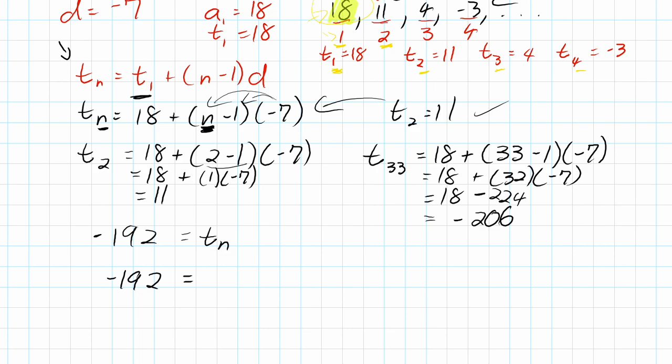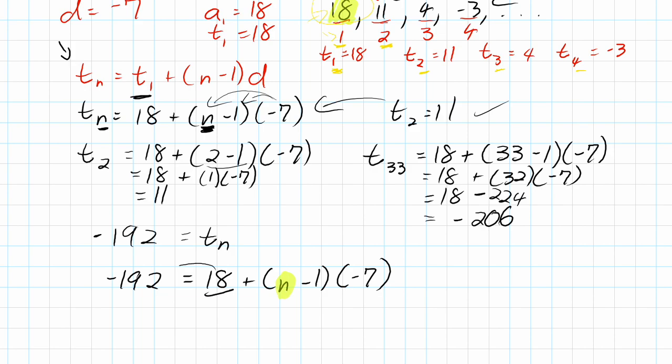Our first term, T1, is going to be 18 plus n. N is actually our unknown. We don't know what it is, so we're going to leave it as n minus 1 times -7. What's great is this is still simple algebra. We just have to isolate for n. So we're going to start moving things around and see if we can isolate for n to figure out which term number is equal to -192.